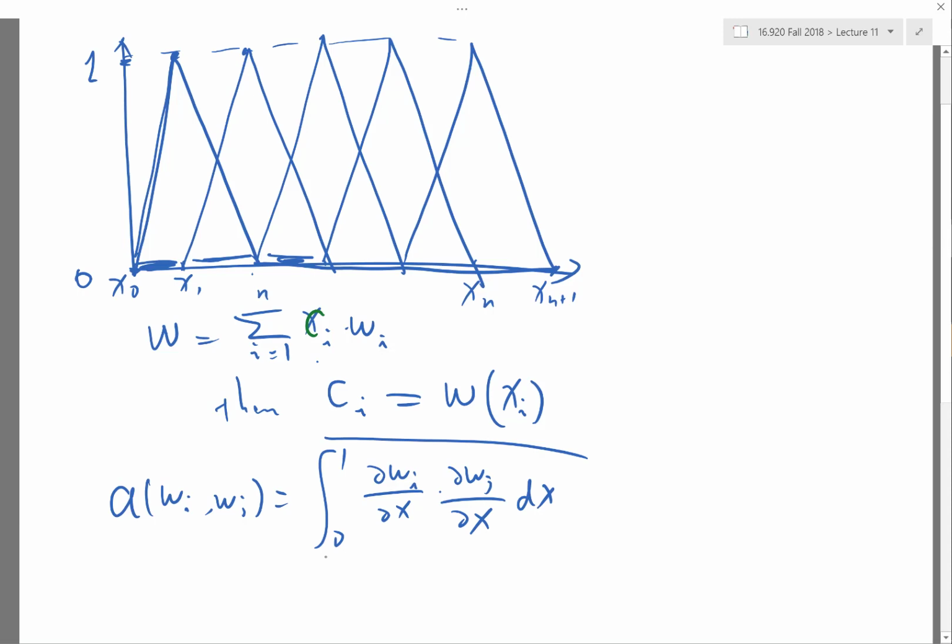Now, first thing to note is that because both wi and wj have finite support, which means they are only non-zero in a small region in the space, in 2 elements, most of these pairs are going to integrate to exactly 0, right? And the only pairs that don't integrate to 0 are what kind of pairs?